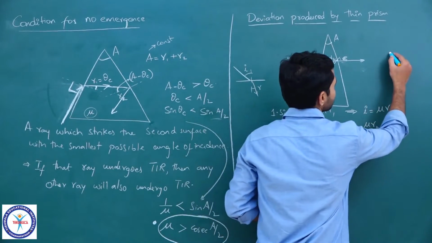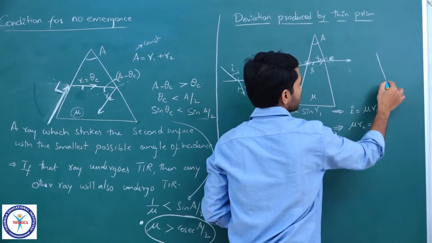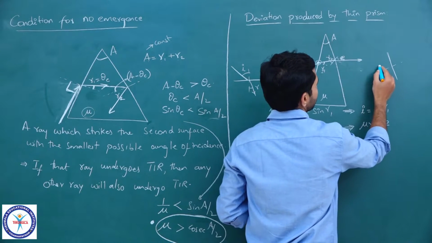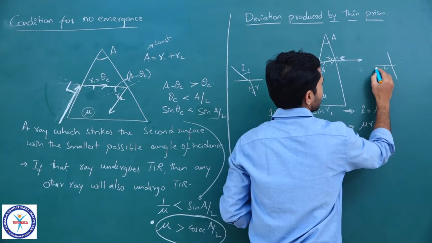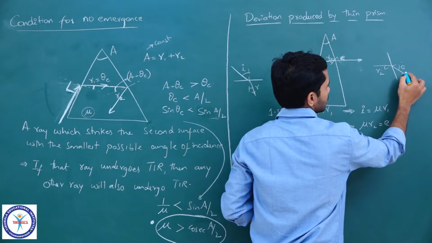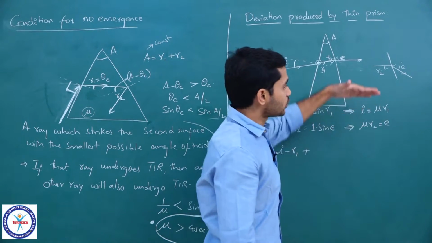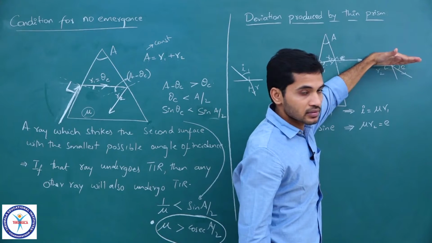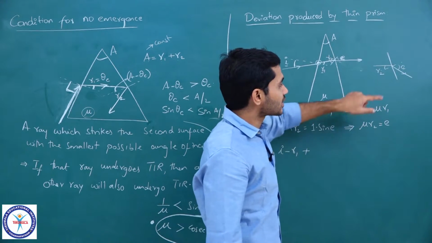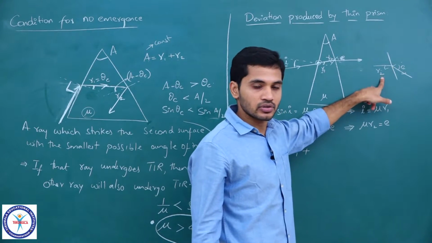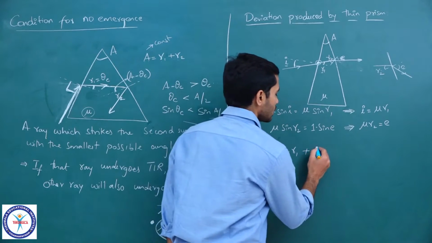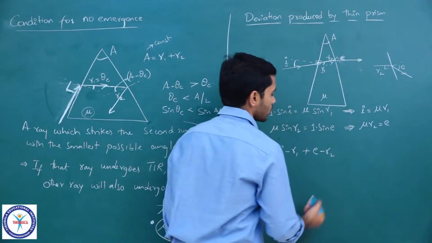If this is the surface and this is the normal, the light ray is incident at R2 and it is coming out at E. So, the light ray is travelling like this, but eventually it is turning this way and coming out. In this case E is greater than R2. So, what will be the deviation that it experiences there? That would be E minus R2.